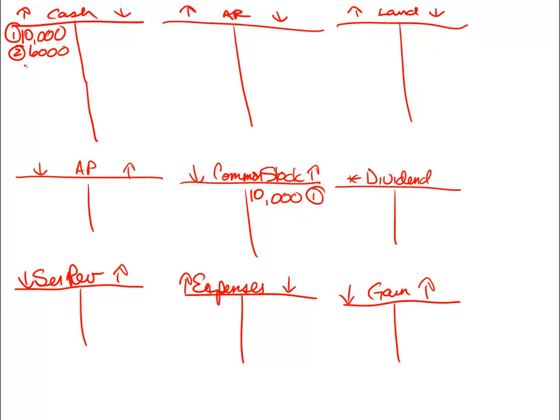We debited accounts receivable $2,000. And we credited service revenue $8,000. That was 2. So the number 2's an operating and number 1's a financing. I want to remember those.